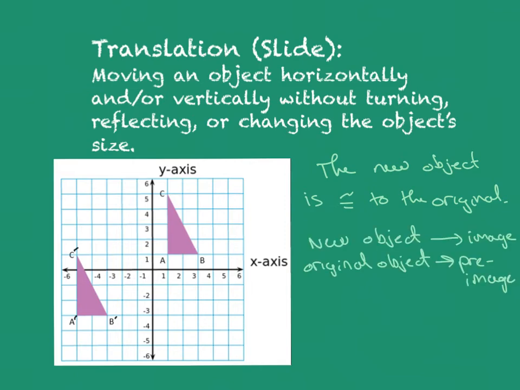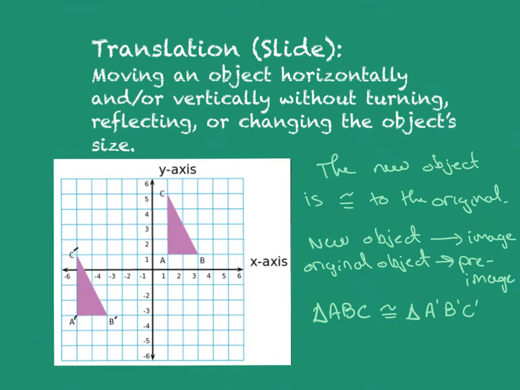You'll also notice that the image has the same labeling of the corresponding points as the pre-image, but we've added an apostrophe, and we call that prime. So we would say triangle ABC is congruent to triangle A prime, B prime, C prime.